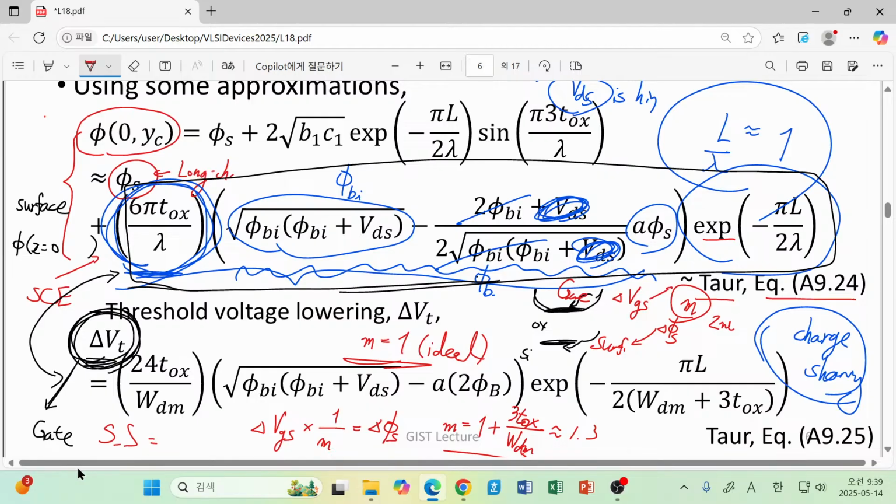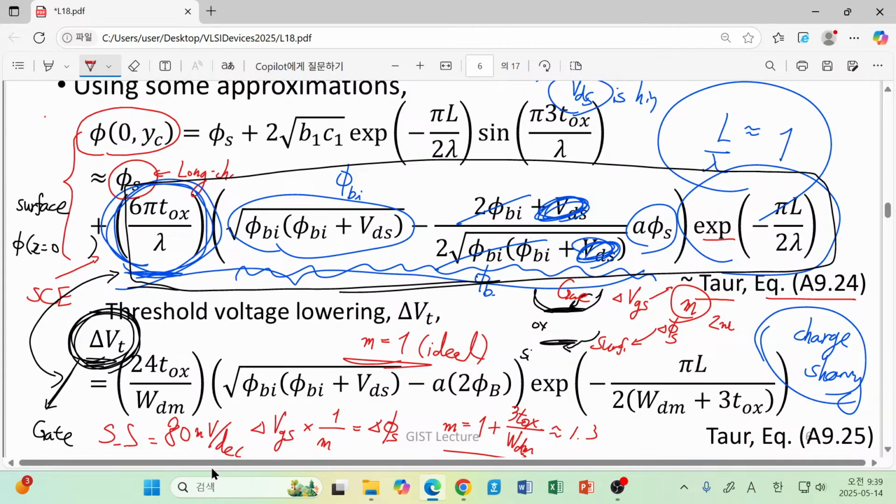It means that our SS would be 80 millivolt per decade. Why? m equal to 1 corresponds to 60 millivolt per decade, times its m value. 60 times 1.3 gives you 78. So that's the reason why we have 80 millivolt per decade as a typical value of our sub-threshold slope in our previous planar MOSFET case.